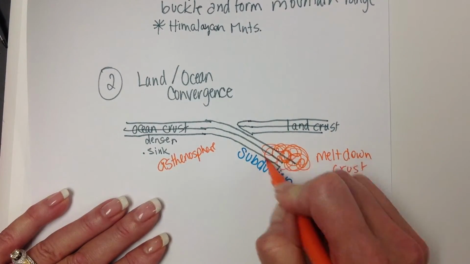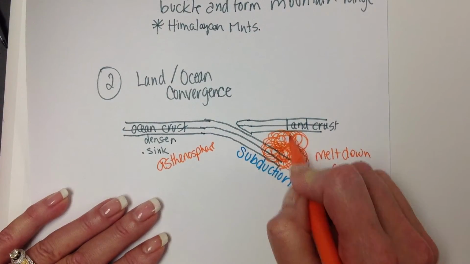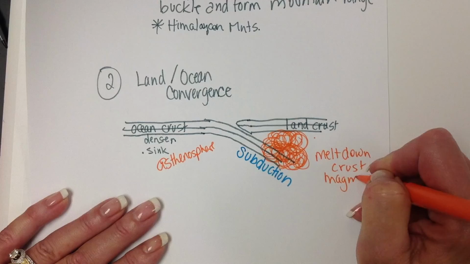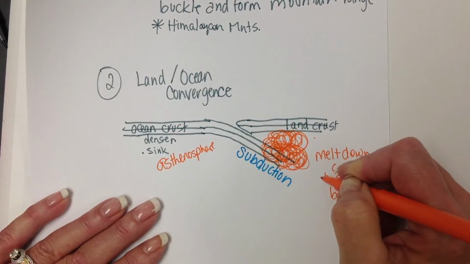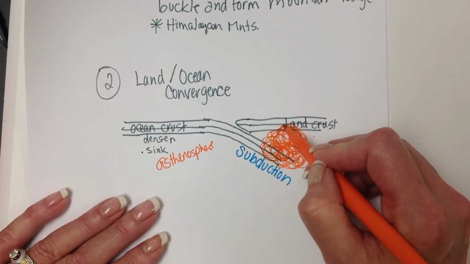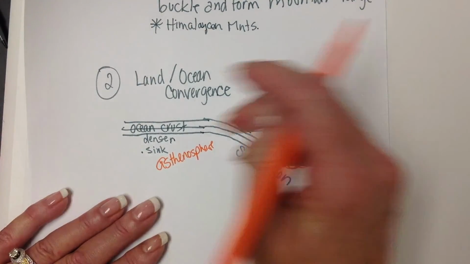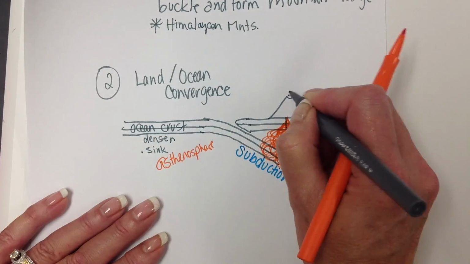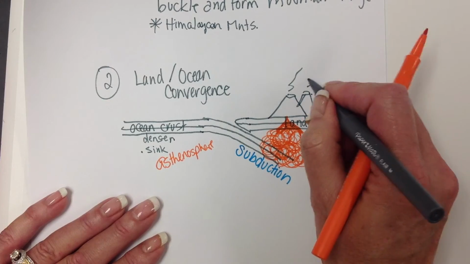And as it melts down all this incoming crust, a big old pot of magma builds. So the magma builds up. And what happens, it kind of squeezes in below the land crust and ultimately ends up visible at the surface as volcanic mountains or volcanoes.